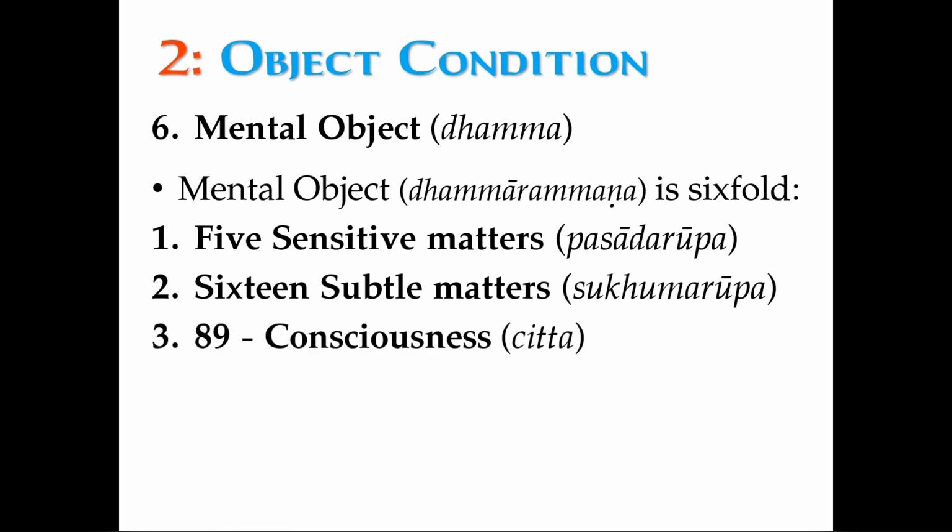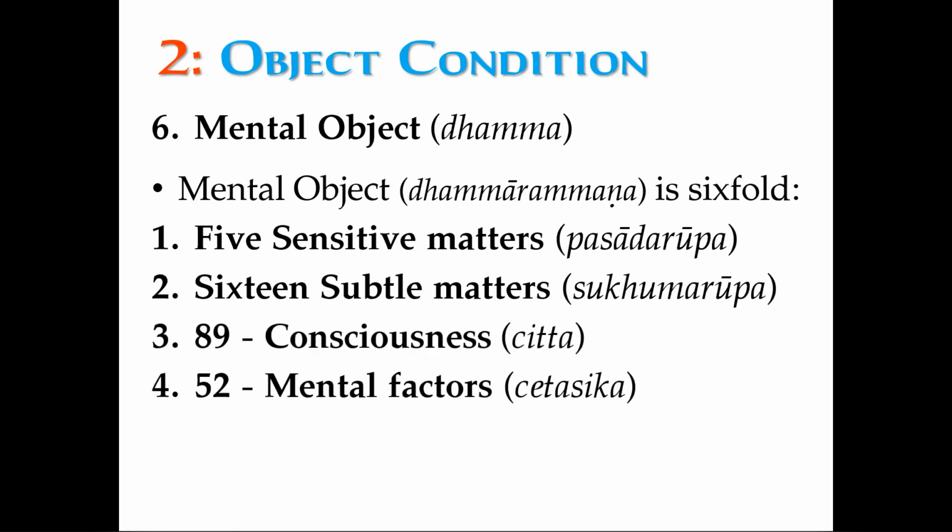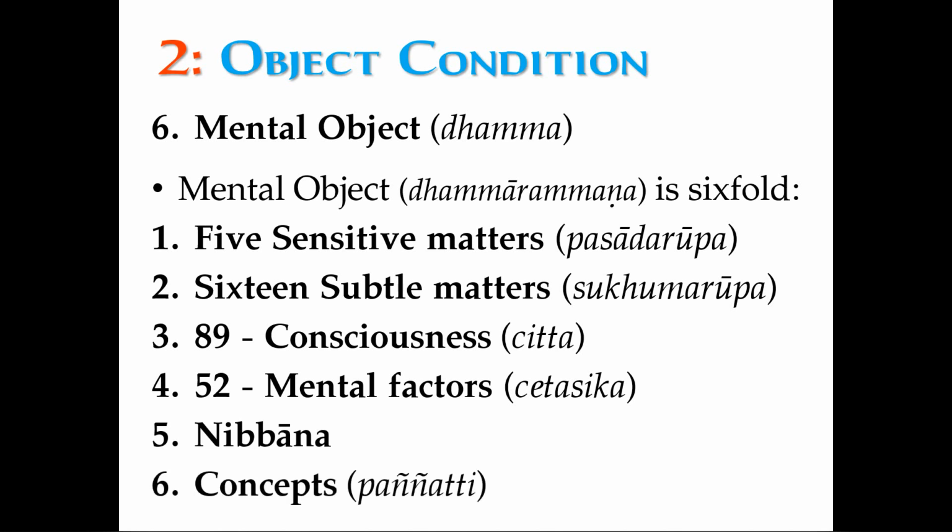We have 89 consciousness, 52 mental factors, Nibbana and concept. Actually we have learned this in the third chapter. So these are the mind object of the mind. So the mind object is the cause.